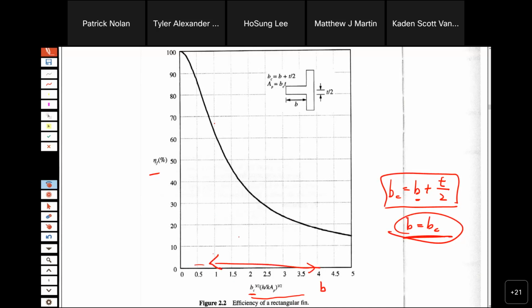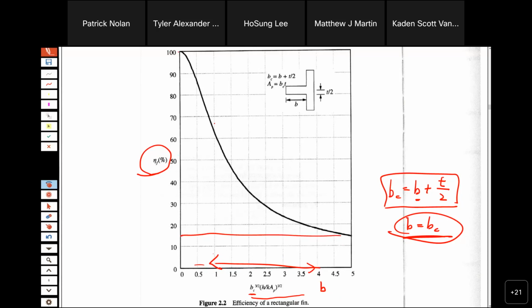Anyhow, this represents B. So if the fin is long, we understand the efficiency is low. But what happens if it is very short? The efficiency is high.